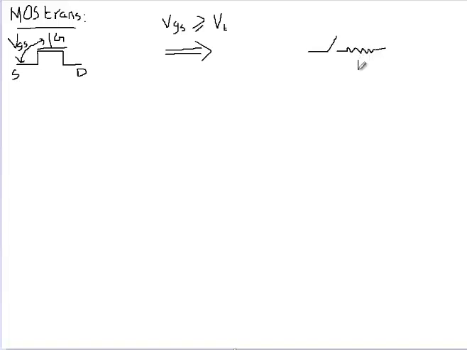So let us model the MOSFET something like this. Let's term it as R. We'll call this source, we'll call this drain, and the switch will get closed only when VGS is greater than or equal to VT.